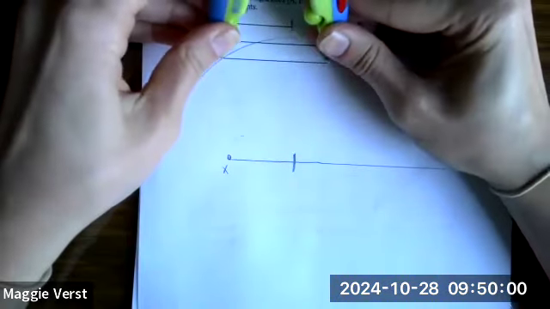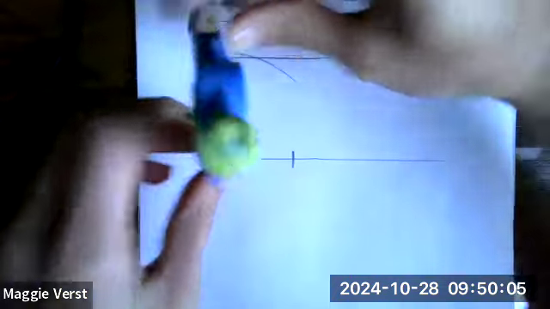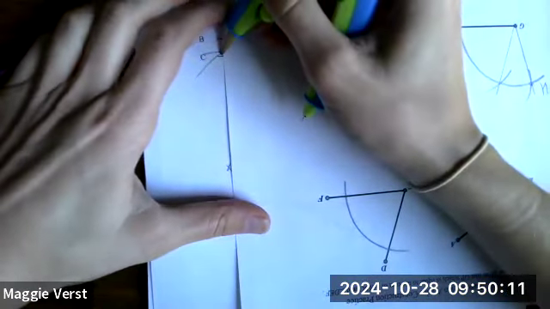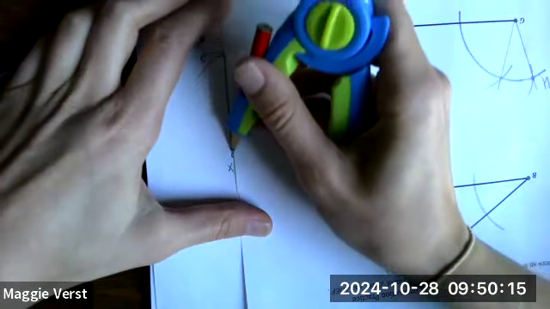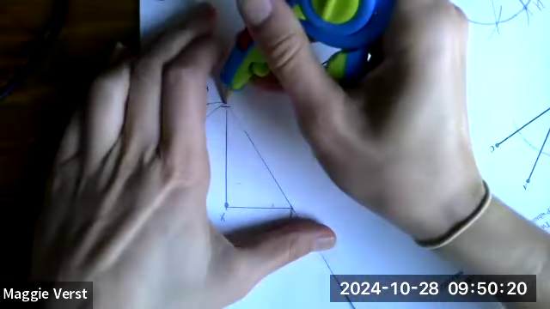In this case, maybe I should have made it a little bit smaller. And then I'm going to do the same thing with this one, copy the length, find my intersection, and then I'm going to use my straight edge to copy the sides. So I have this one here and this one here.